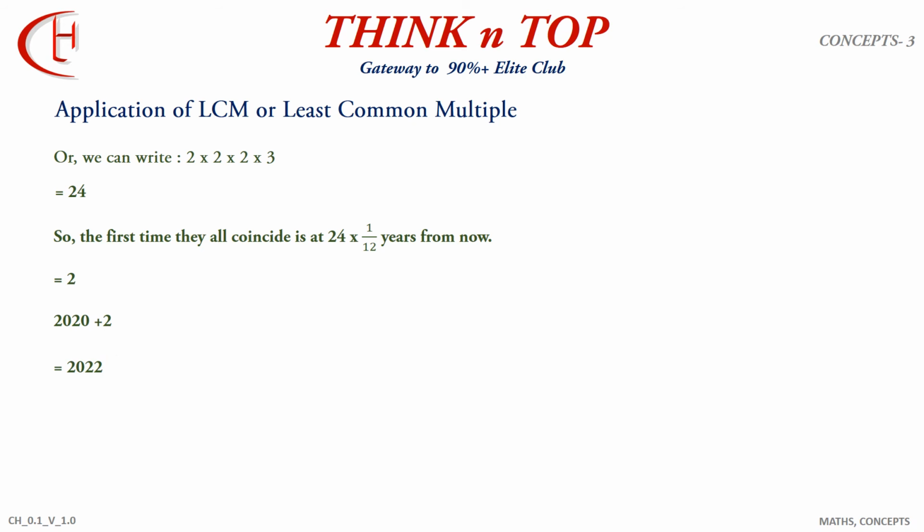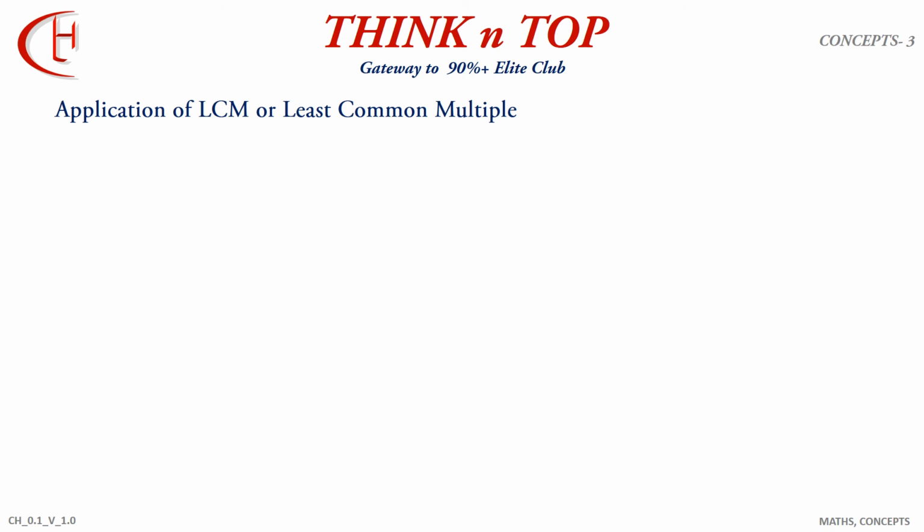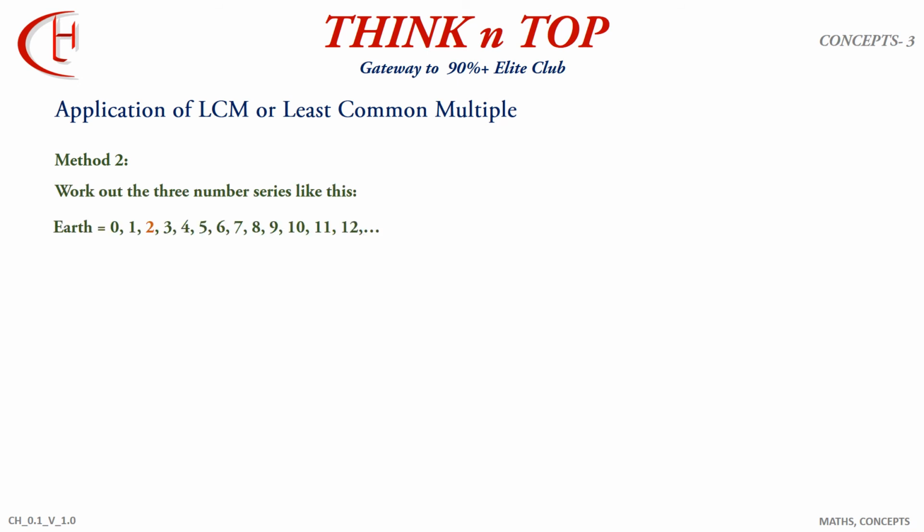Now let us check it with another method quickly. Now method 2. We work out the 3 number series like this. Earth completes its encircling around the sun in its orbit in 1 year, then 2 years, then 3rd, 4th, and so on.